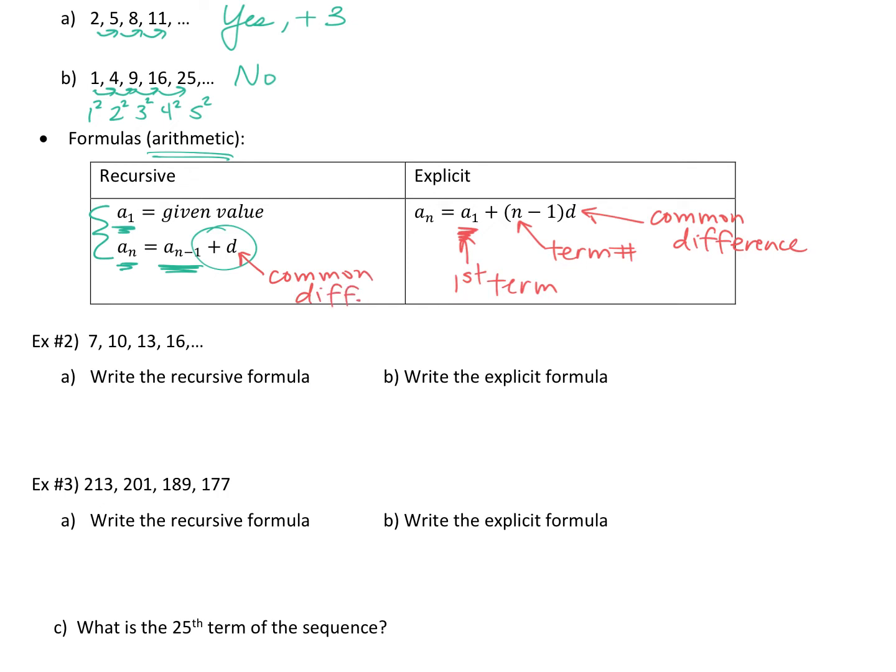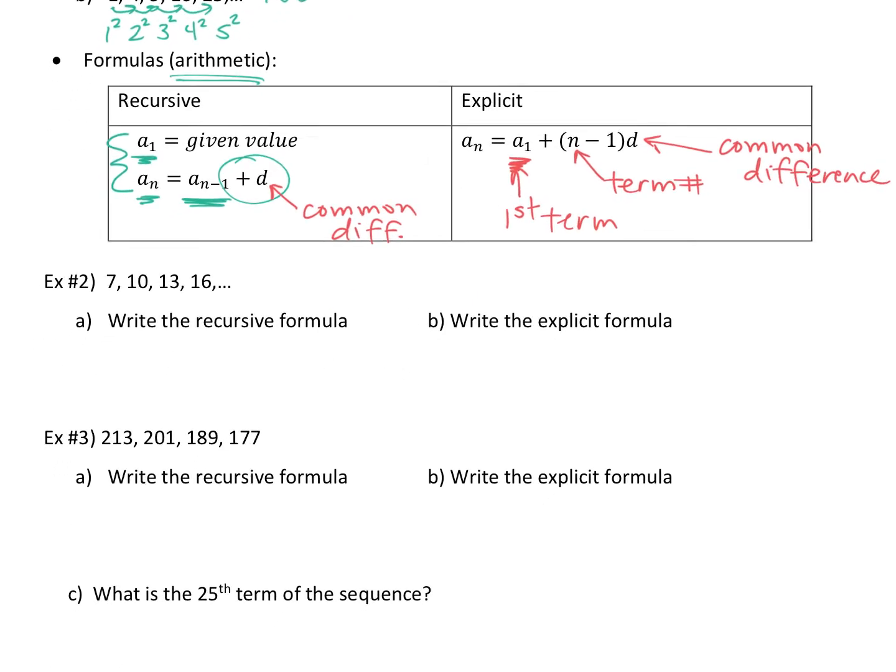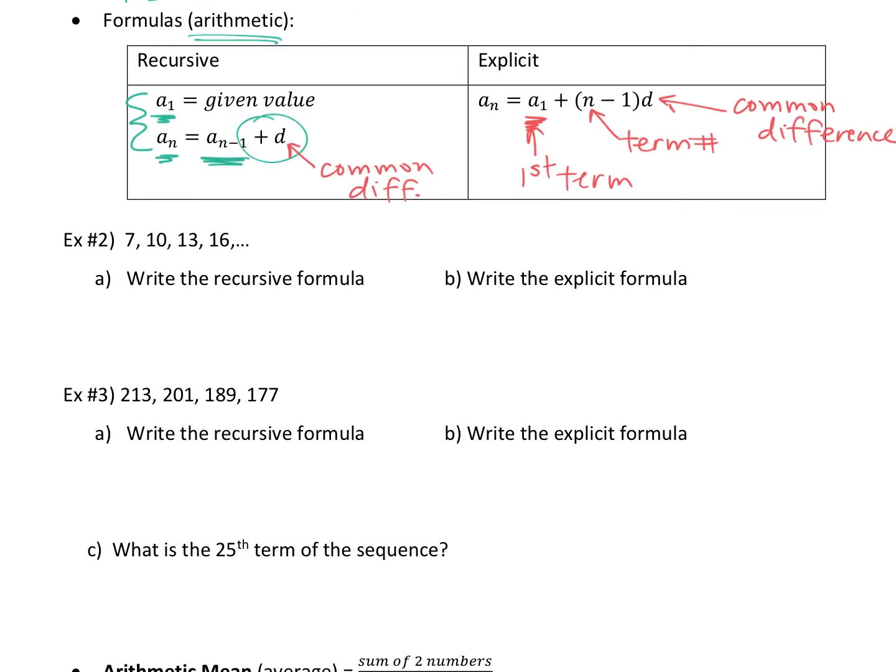Okay, so we're going to take a look at a couple sequences and we're going to write both types of formulas just to see how this plays out. So if you look at example number 2 here, what is your common difference? How am I getting to the next term each time? 3, right? We're adding 3 to each one. Okay, so if I'm going to write a recursive formula, it's got to be a sub 1 equals what? 7, right?